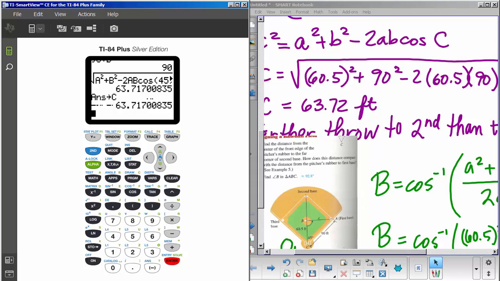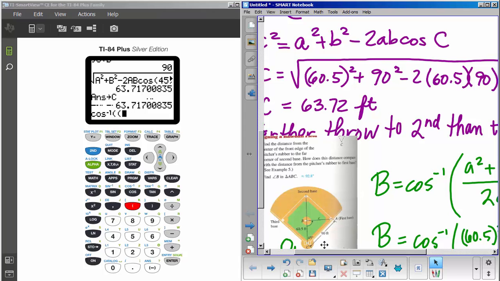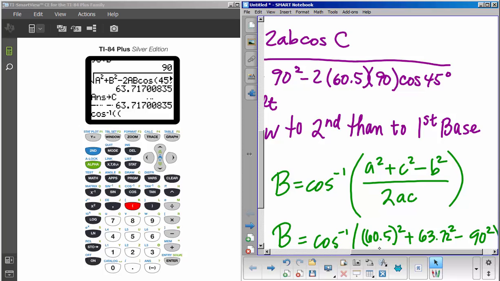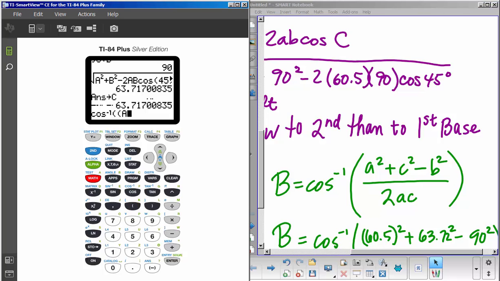Okay? And now I can say inverse cosine of, open the numerator, alpha A squared plus alpha C squared minus alpha B squared.